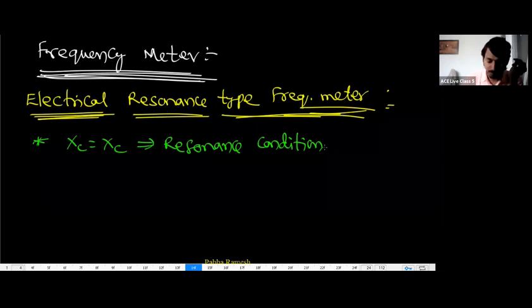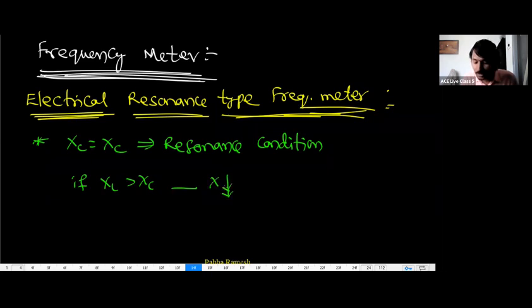How? Suppose, for example, if XL is greater than XC, then XL will be reduced and become equal to XC. Did I get my point across or not? If XL is greater than XC, slowly XL will be reduced and become equal to XC.